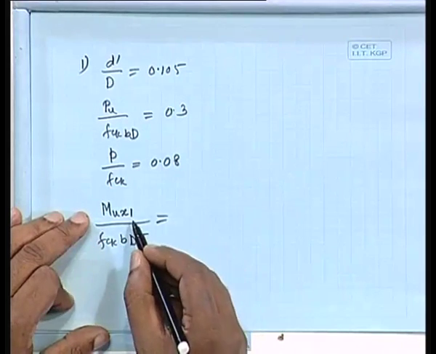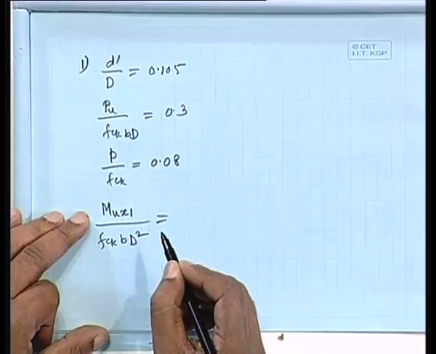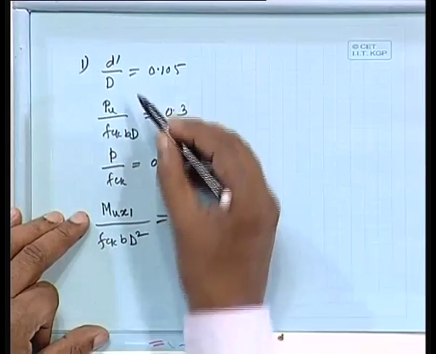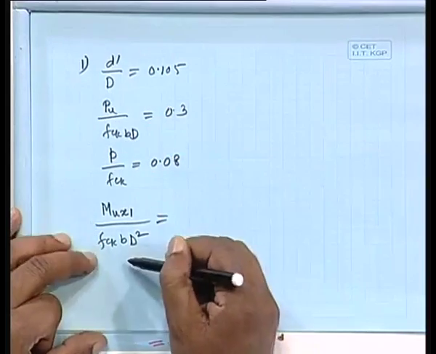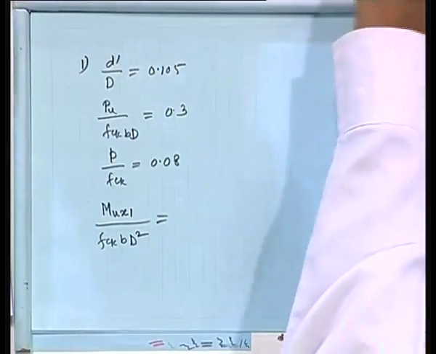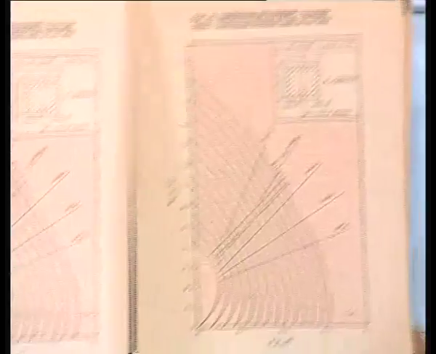How much will be Mu? We are talking about the major axis, so about D we are talking. So Mux1 by fck bD square, and x we can always take as the major axis.